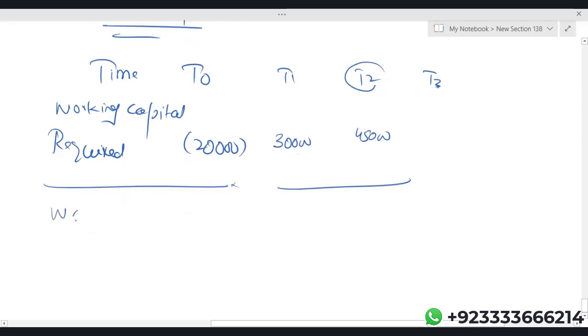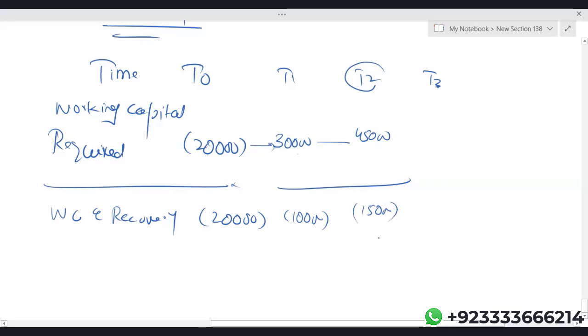So, working capital and recovery. At time 0, it will be 20,000. Now, from 20, we are moving to 30. We have already invested 20,000 in the working capital, so the additional investment will be 10,000. Now, from 30, we are moving towards 45, so the additional is 15. Working capital can never be consumed.